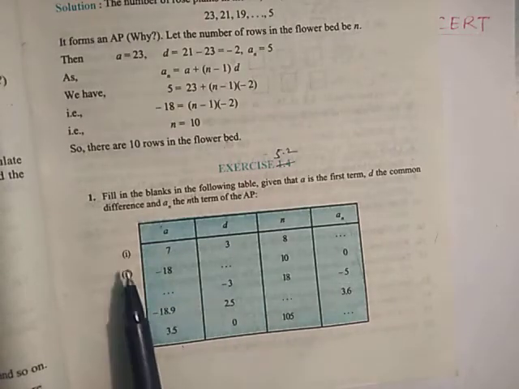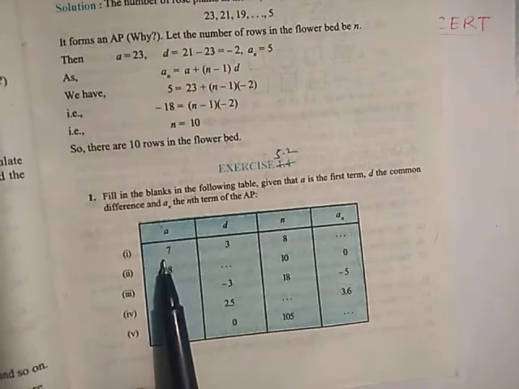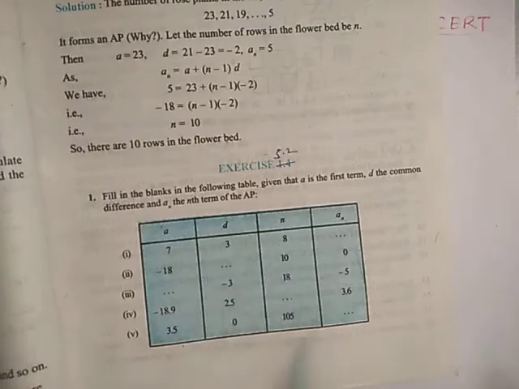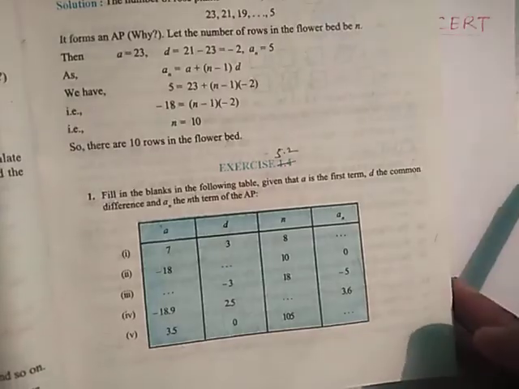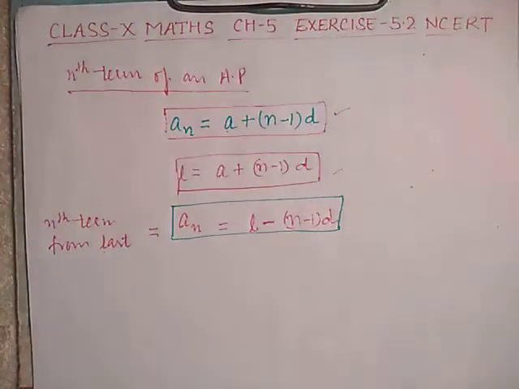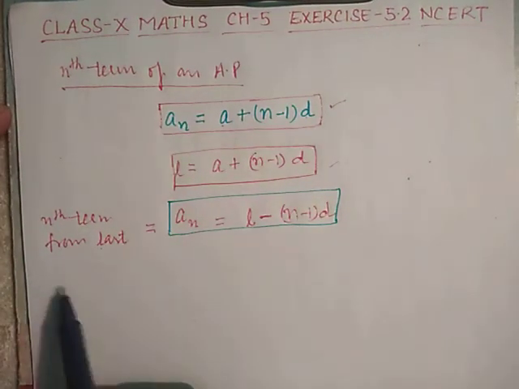In the first part, a is given, d is given, and n is given, so we can easily find the value of an here. I will solve the first part of the first question.